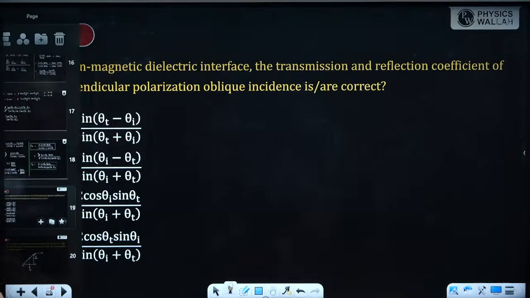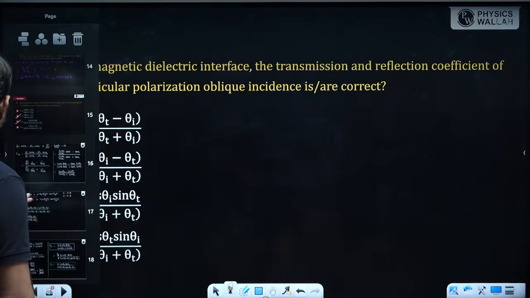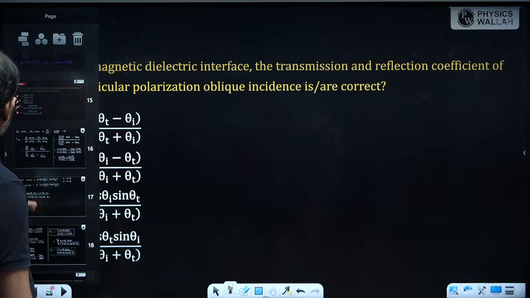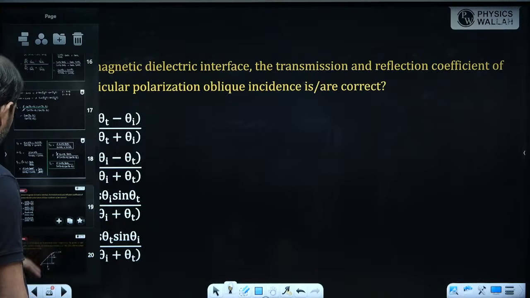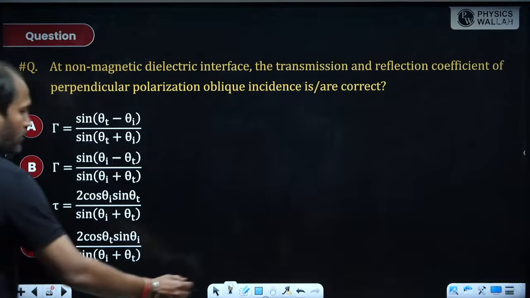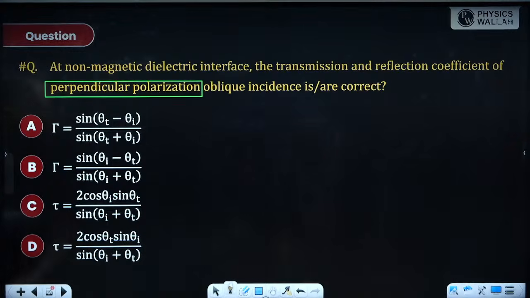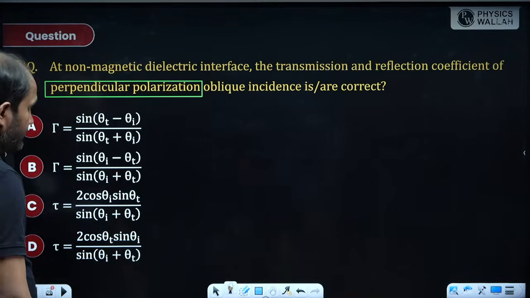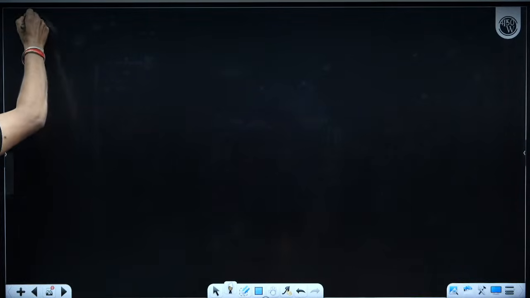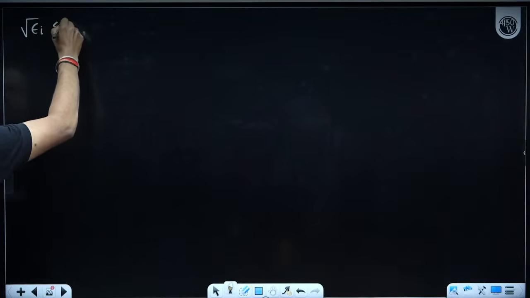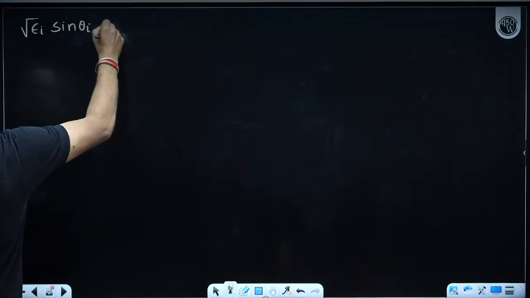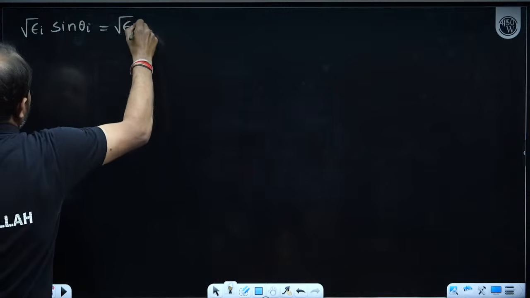So this one is for perpendicular polarization. This one is for parallel polarization. And now they are asking for perpendicular. So it is also a good question. So perpendicular polarization I have to solve. So similarly, same thing, epsilon I sin theta I, epsilon t sin theta t.